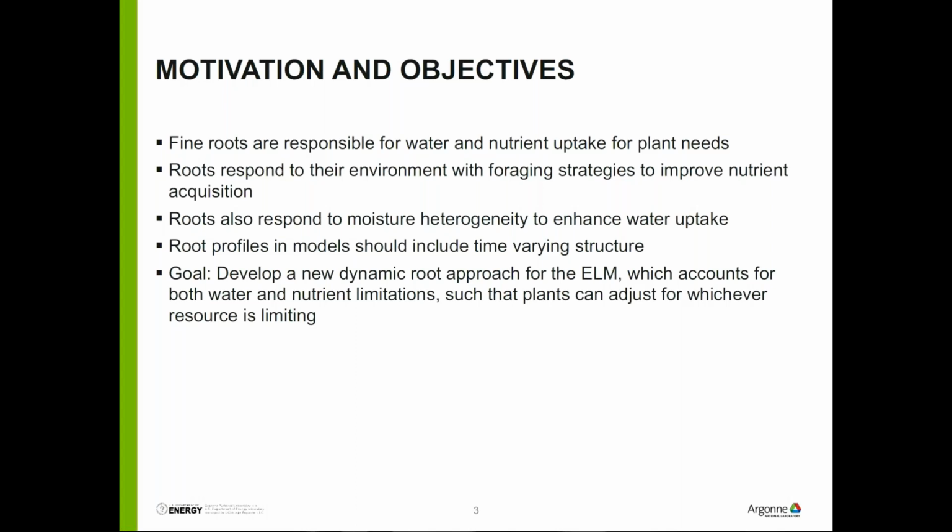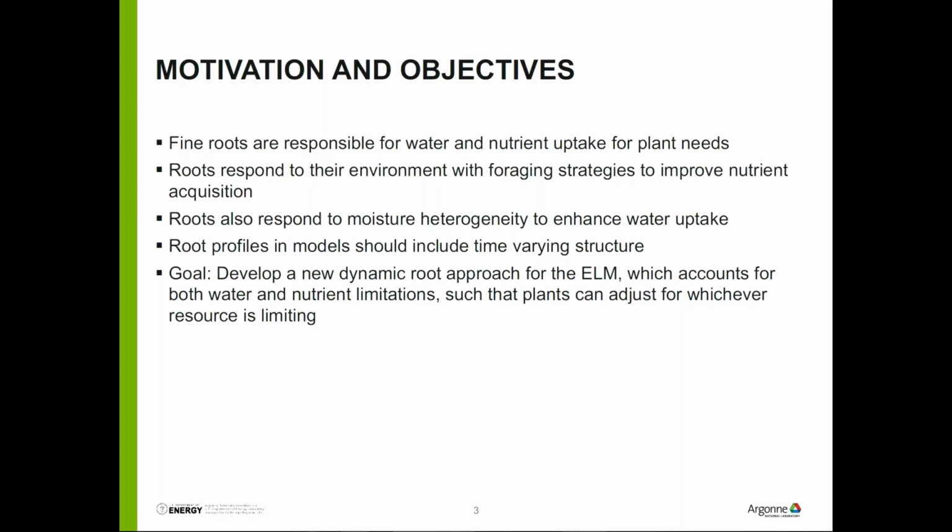But the motivation behind this is the responsibility that fine roots play in their ability to uptake water and nutrients. And they have these foraging strategies that allow them to increase their acquisition of these resources.